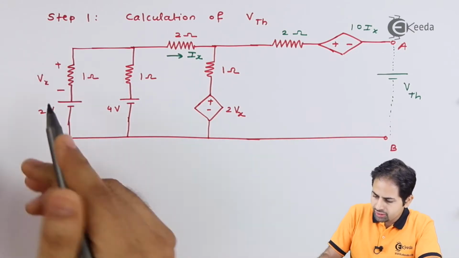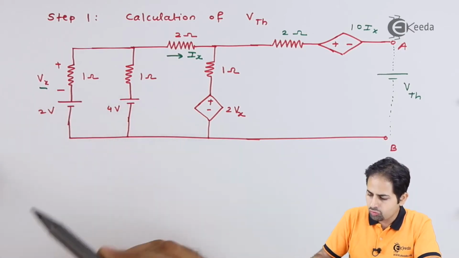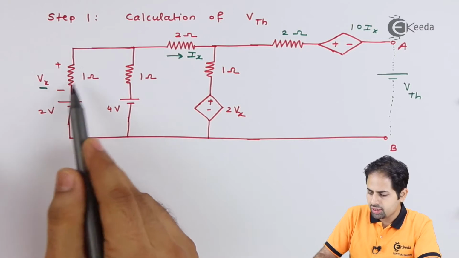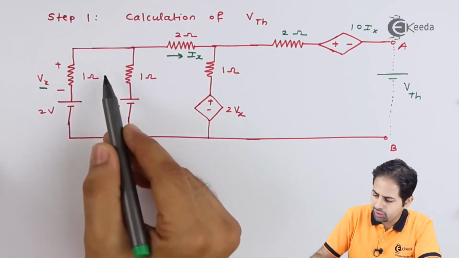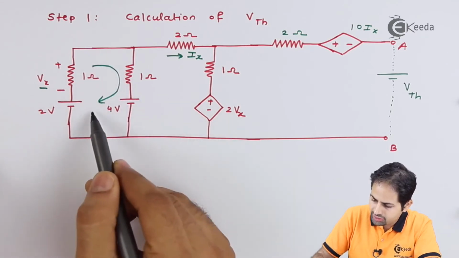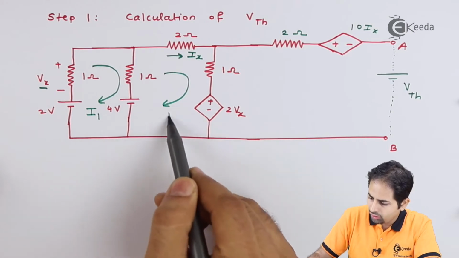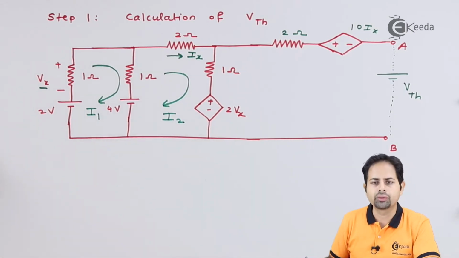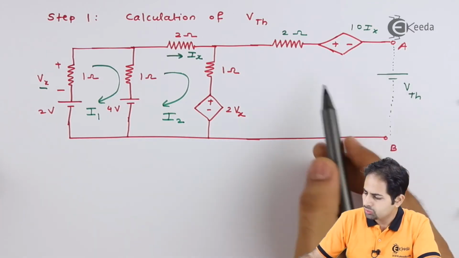Here you can see this is Vx with negative sign at start. So we can also write what is the value of Vx. Vx will be, if you consider the current in this first loop as I1, which I will draw like this, I1. I'll call this current as I2, and we can call this as I3, but that I3 will be 0.